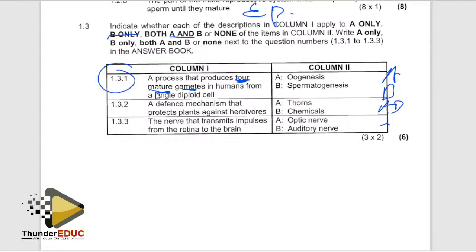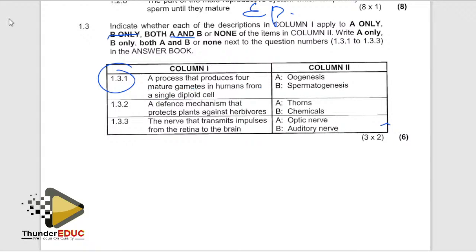sperm, 4 mature gametes in humans from a single diploid cell. 4 mature gametes. You see that statement? They're saying 4 mature gametes.